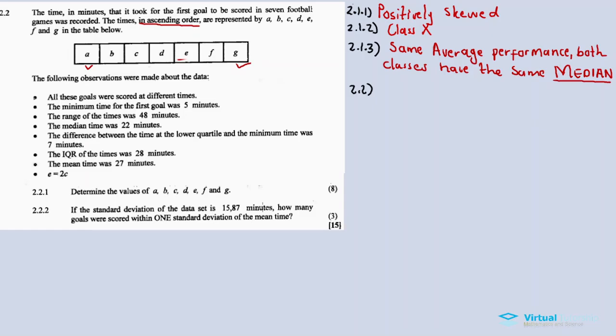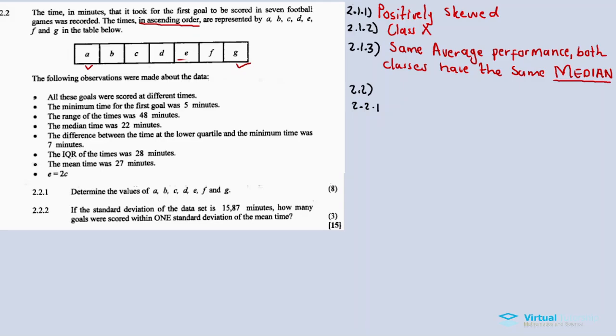In 2.2.1, we determine the values of A, B, C, D, E, F, and G, for 8 marks. I think the first quantity is the minimum value, the obvious one.